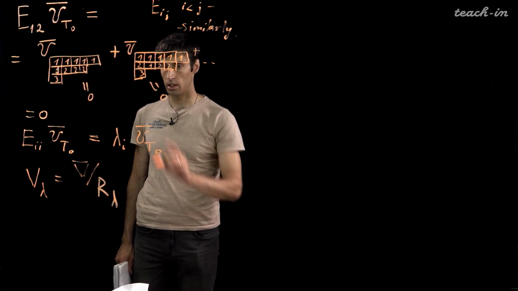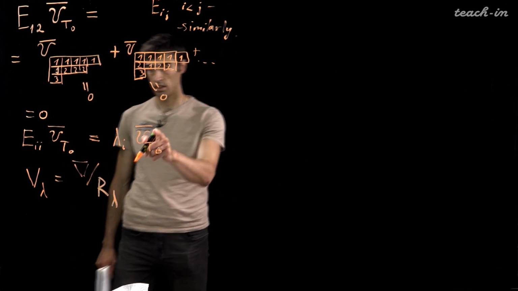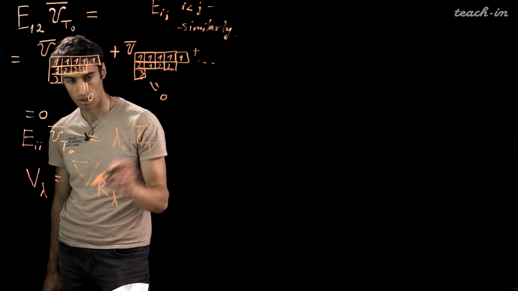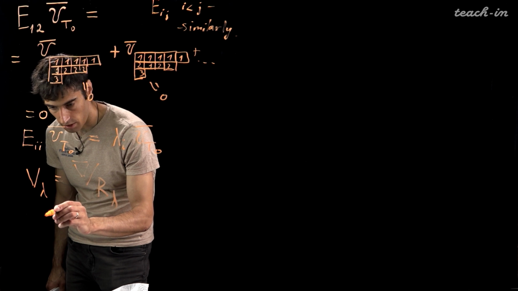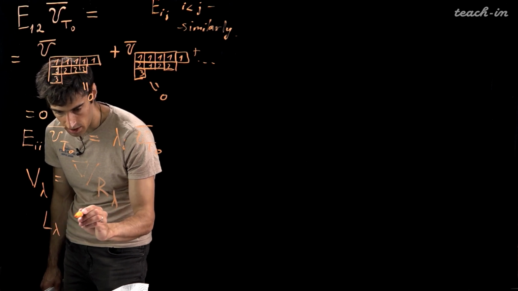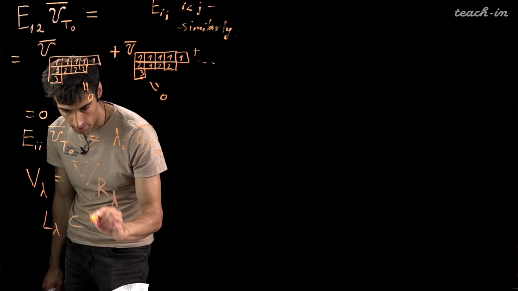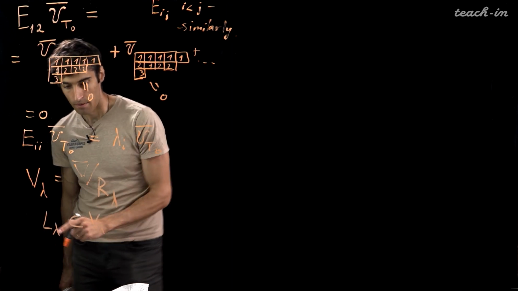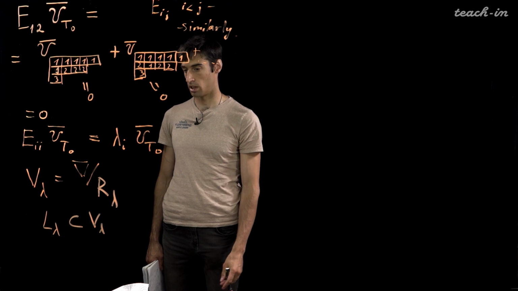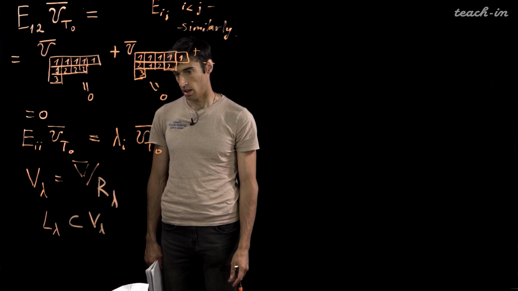So provided that v_t0 bar is not 0, we have that L lambda is inside V lambda. But we need that it is actually equal. So we need to compare dimensions somehow.